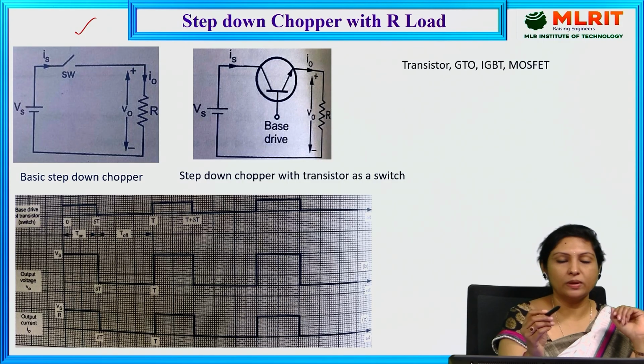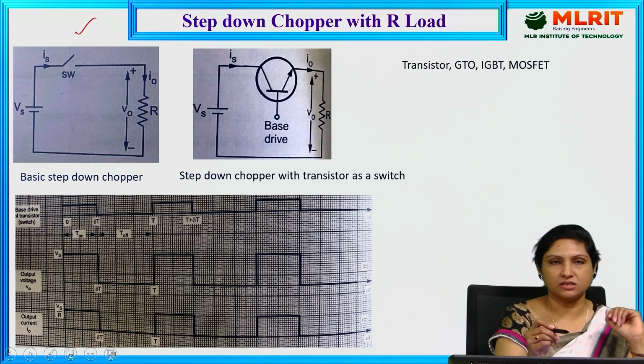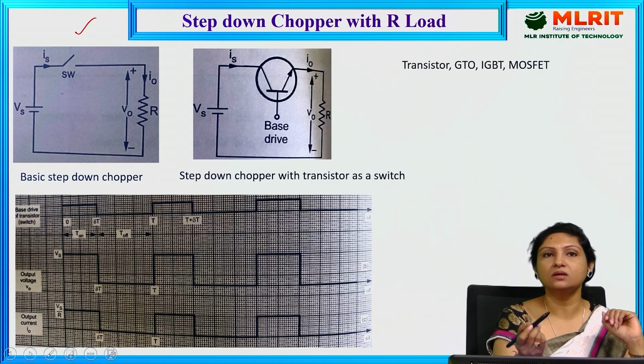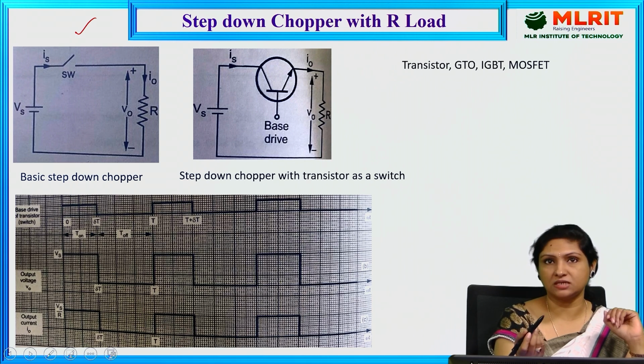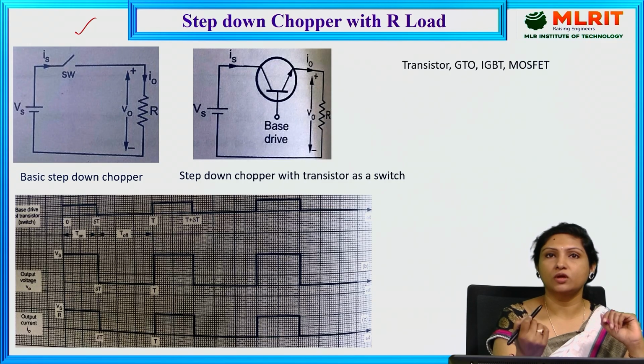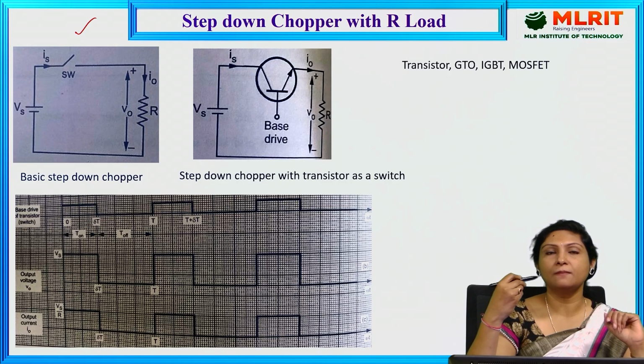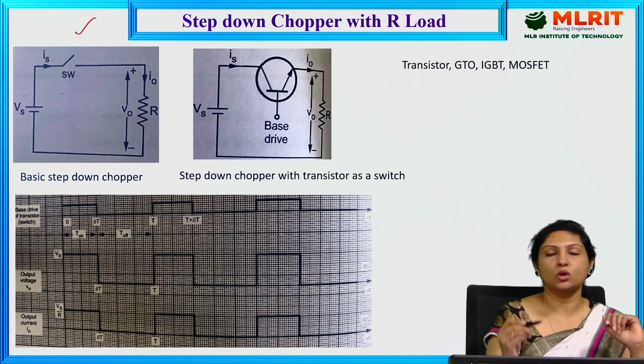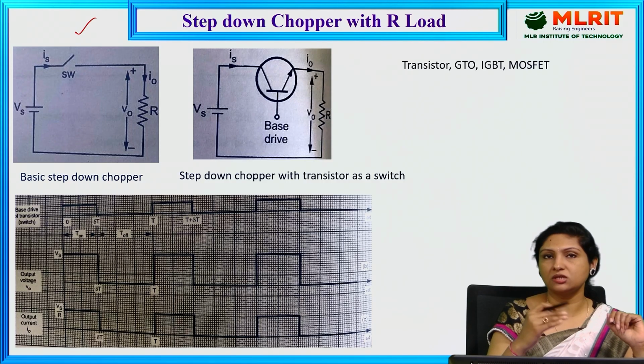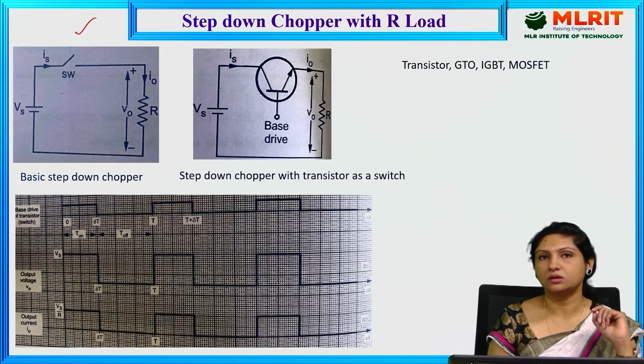Firstly, for a transistor we usually provide the base drive, whereas for thyristor, in order to make it work, we provide the triggering pulse. As long as we provide the base drive, the device will be on, and the moment when we withdraw this base drive, the device will be turned off.